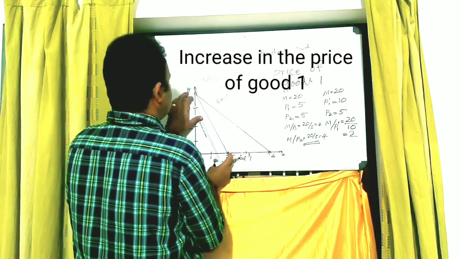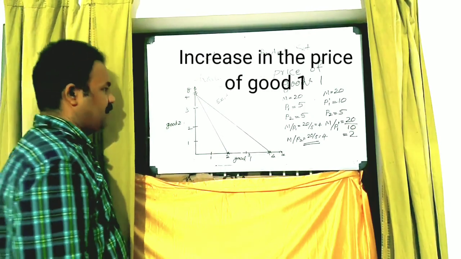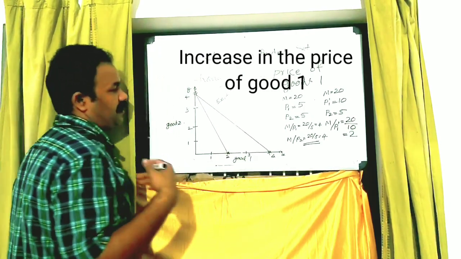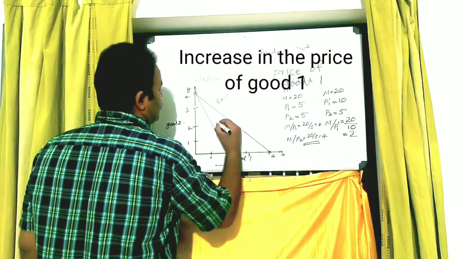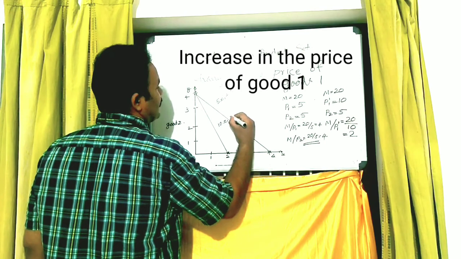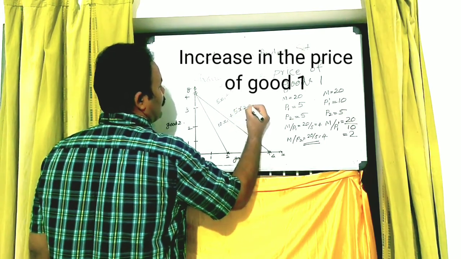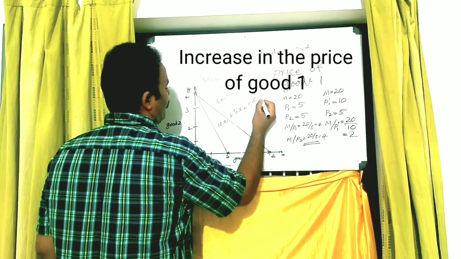Then this is our new budget line. This budget line represents 10x1 plus 5x2 is equal to 20.